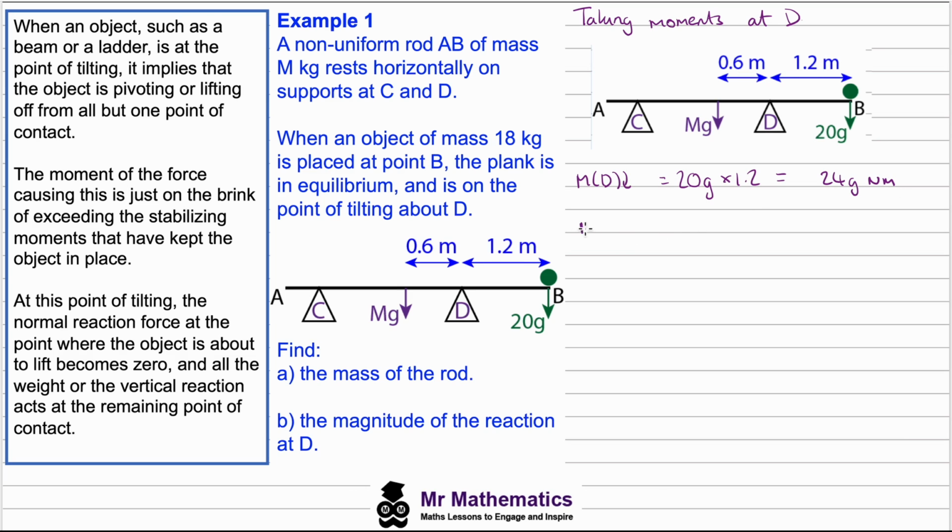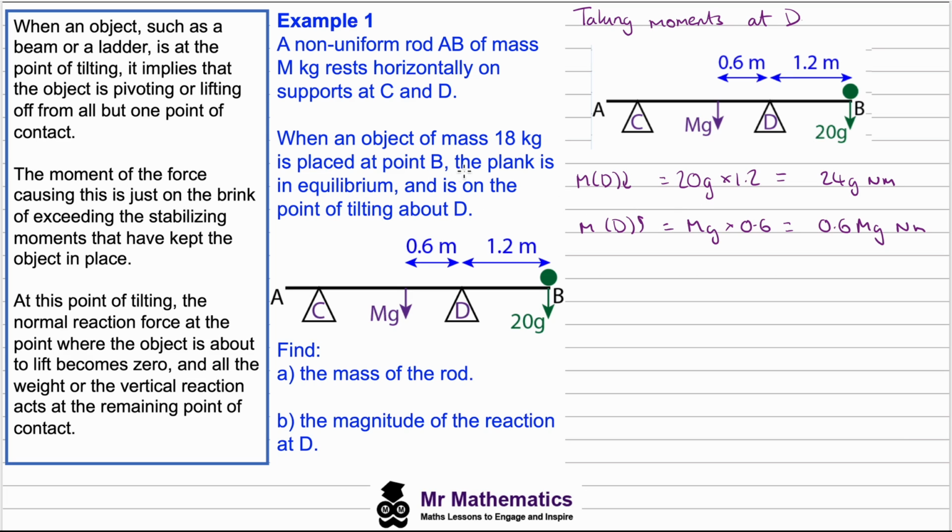And if we look at the anti-clockwise moments from D, we'll think about this mg. It will rotate anti-clockwise. This will have a force of mg newtons multiplied by the distance from D of 0.6 meters. So this will give us 0.6mg Newton meters in the anti-clockwise sense.